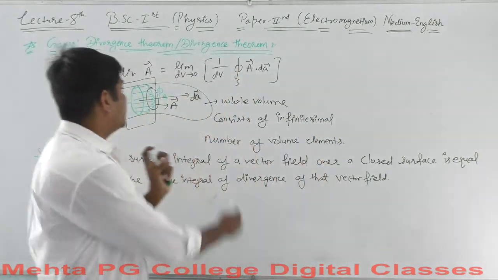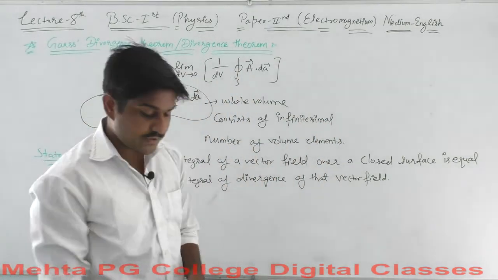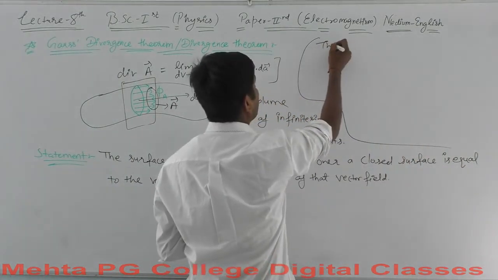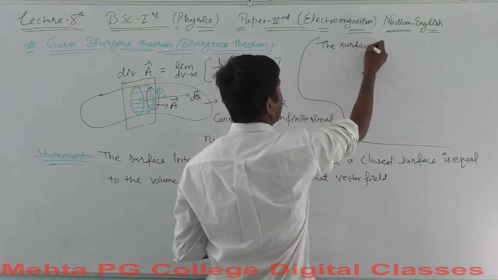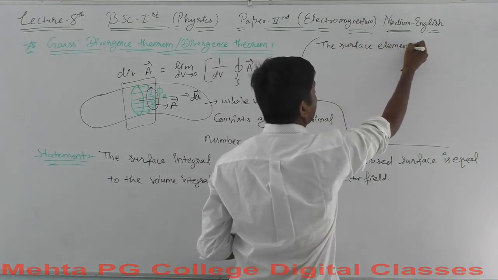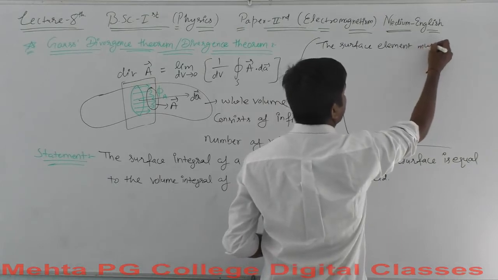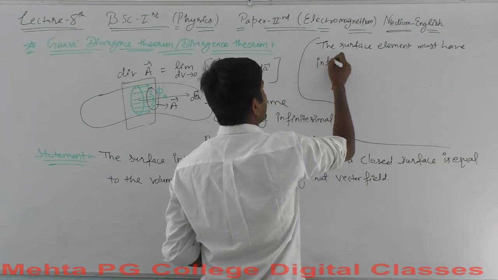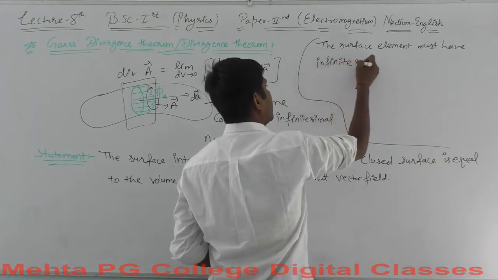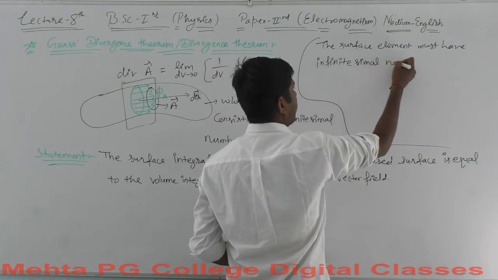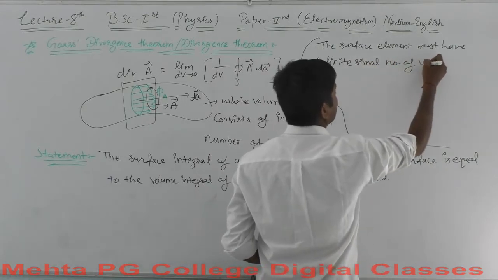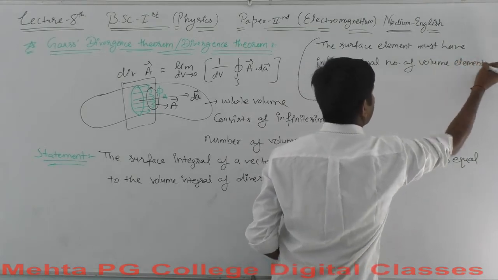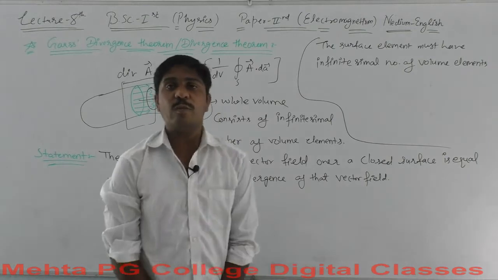This particular surface element, which is dA, must have an infinitesimal number of volume elements.